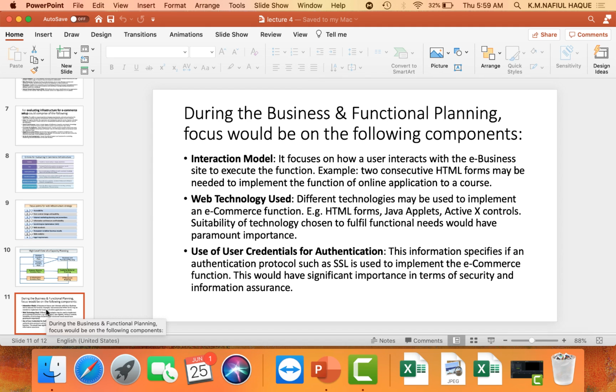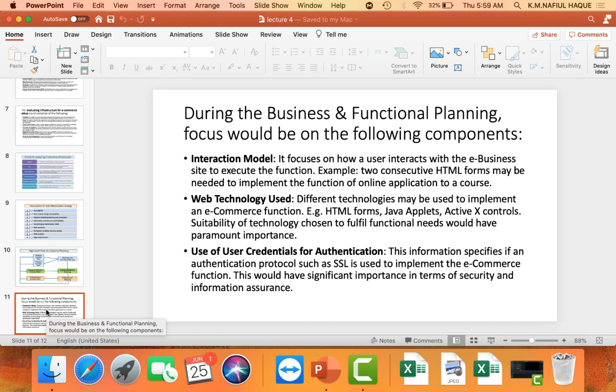During business and function planning, the focus would be on the following components. Predominantly the interaction model: how your website or web app will interact with your customer.